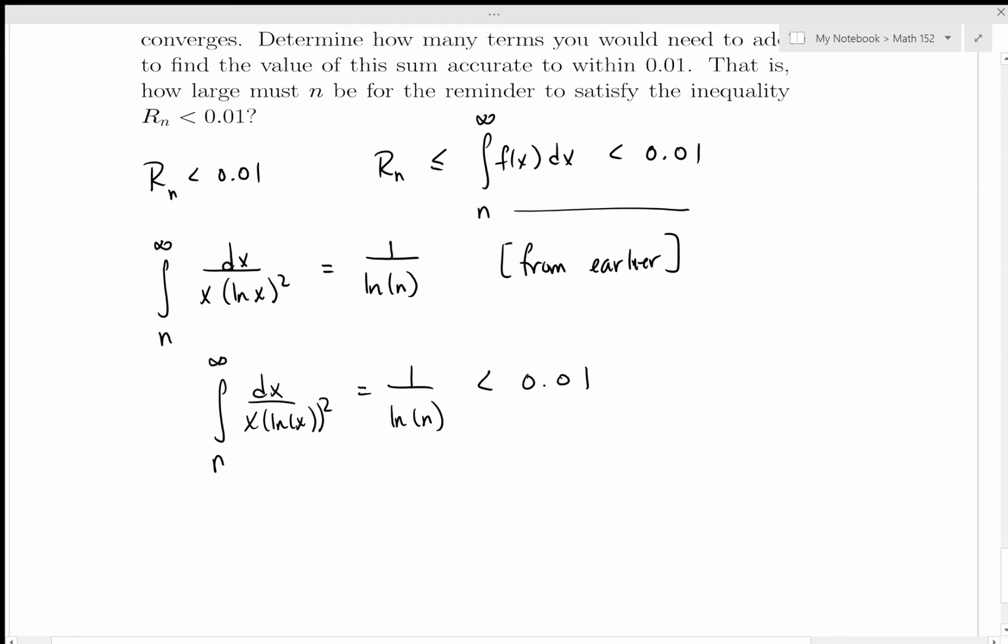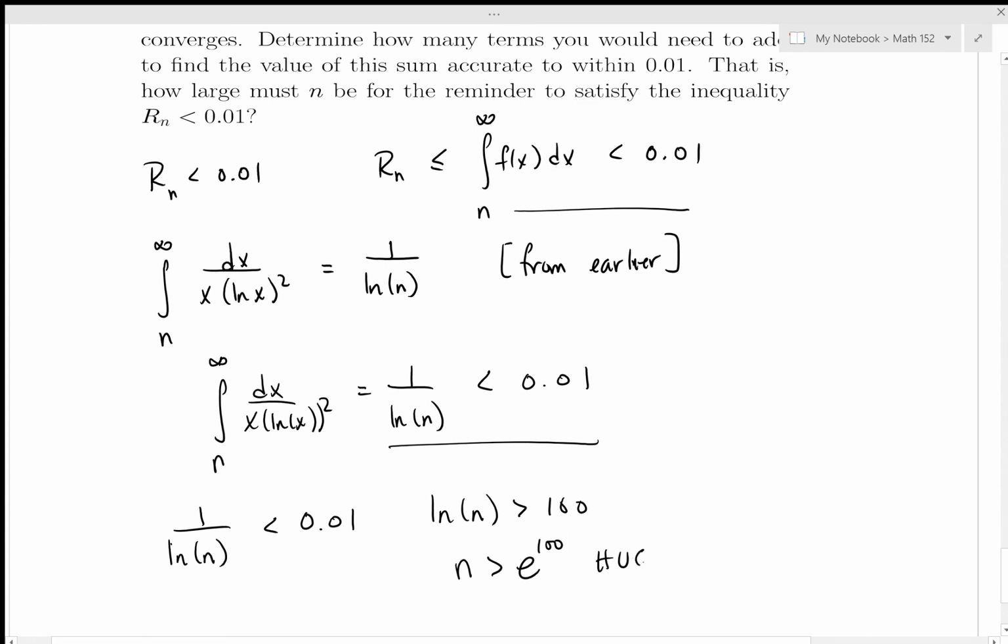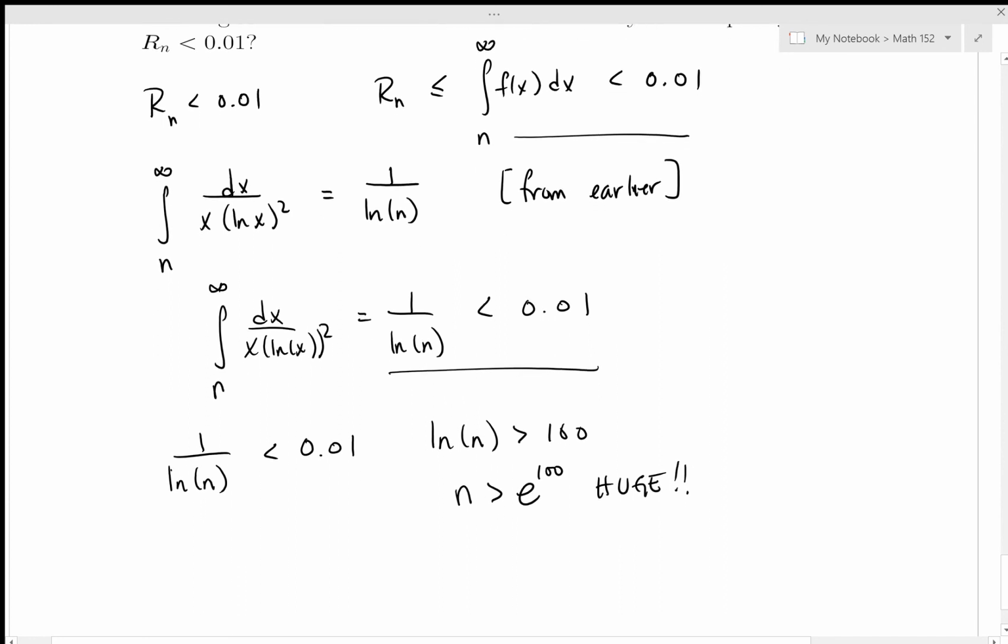So that means that 1 over log n has to be less than 0.01, and log n is going to have to be greater than 100, and that means that n is going to have to be greater than e to the 100. Holy, that is huge. Okay, so this infinite series converges very slowly.